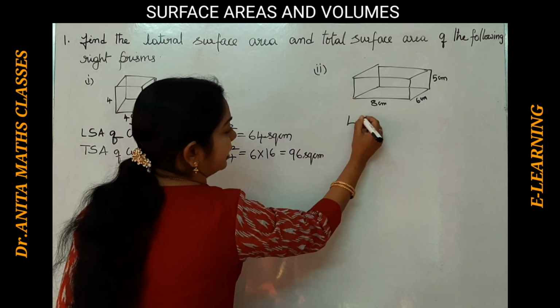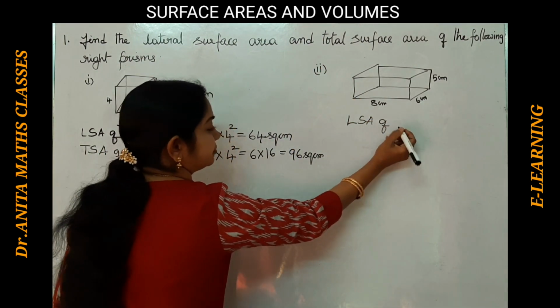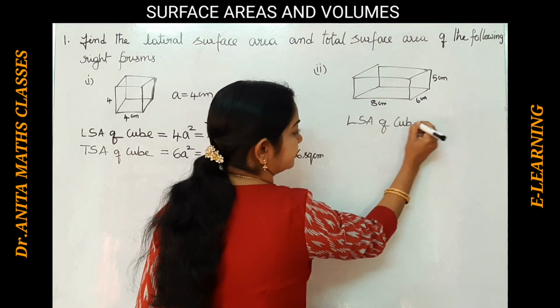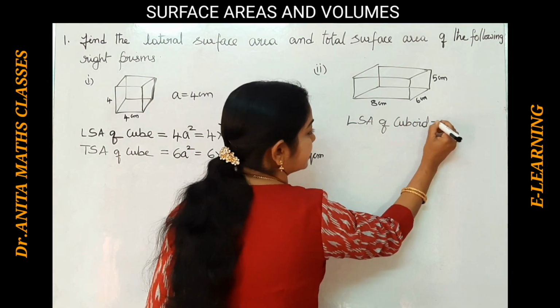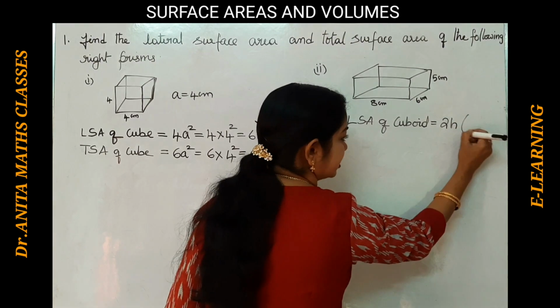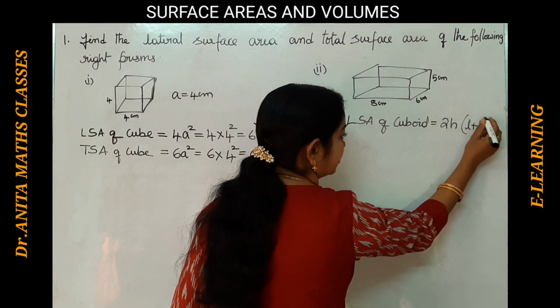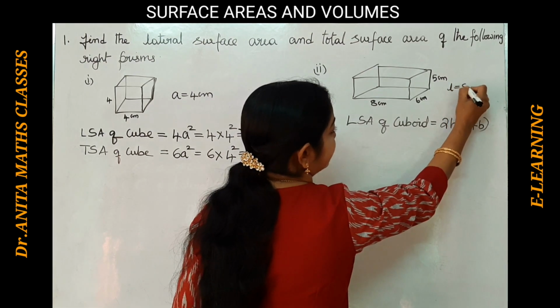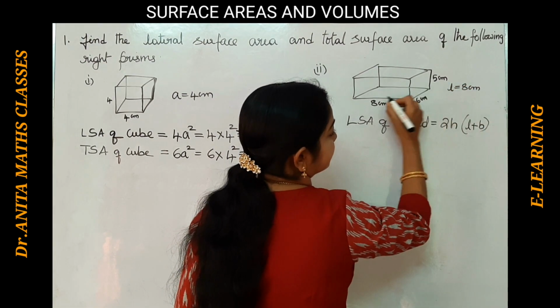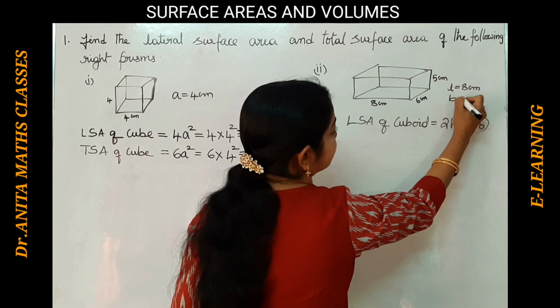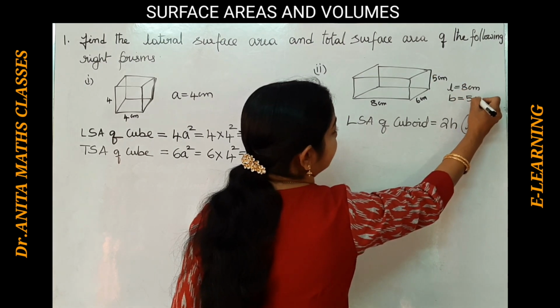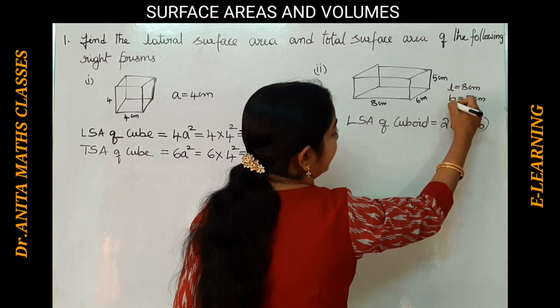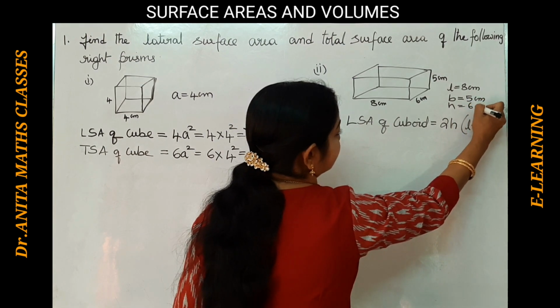So here LSA of cuboid is equal to 2h(L plus B). Now given here the values, we'll write L is 8 centimeters, B is 5 centimeters and H is 6 centimeters.